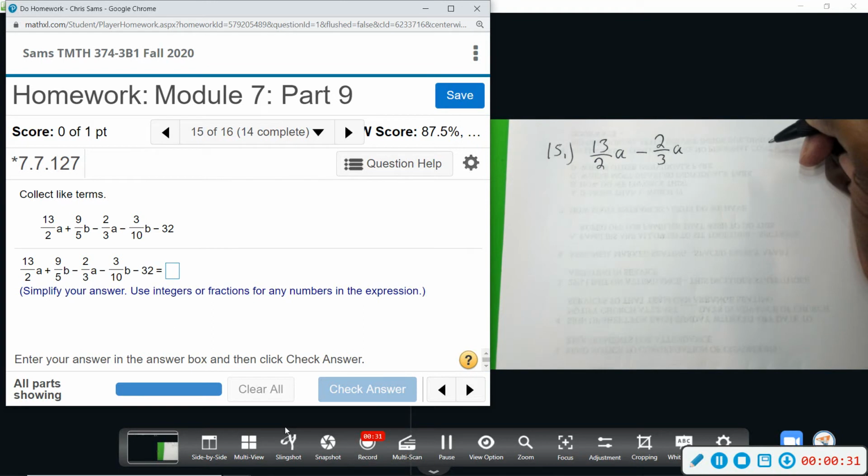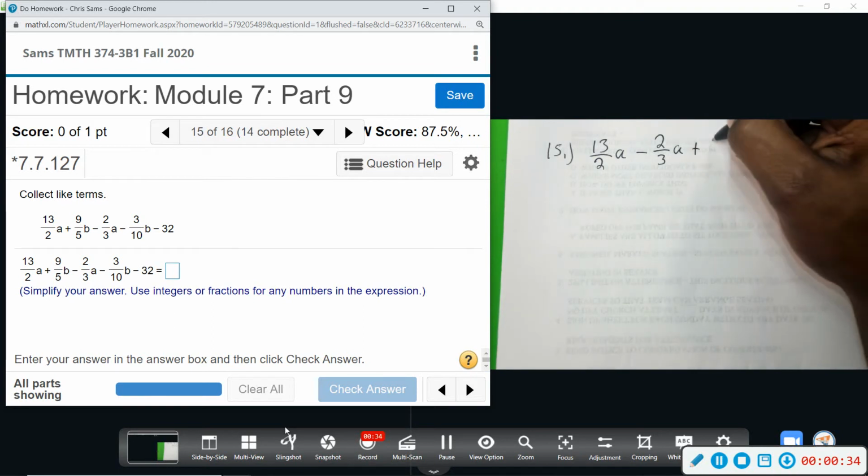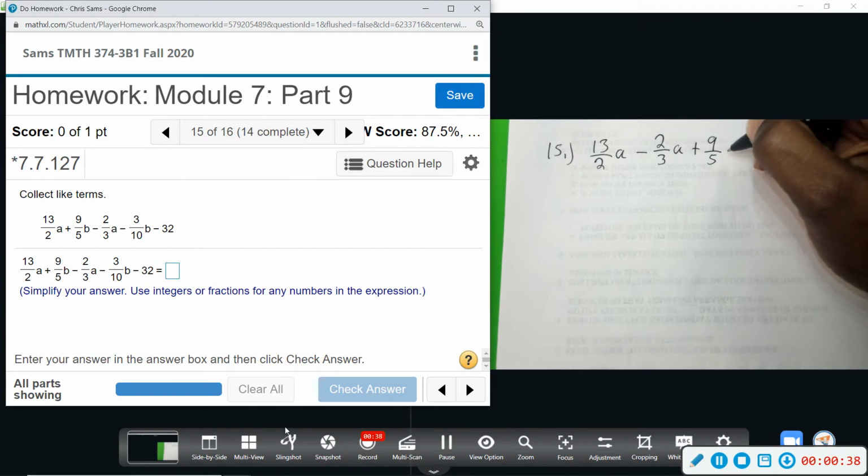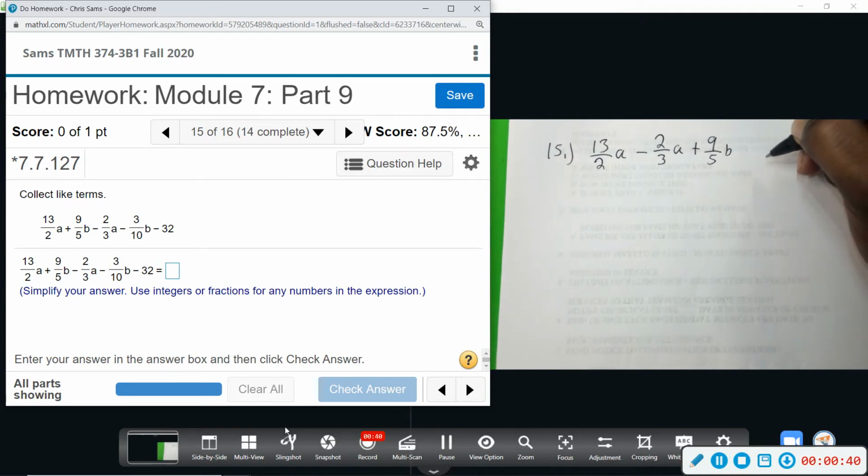And then we have some b terms, so plus 9 divided by 5b. And then we have negative 3 over 10, so minus 3 over 10b. And then we just have a minus 32.